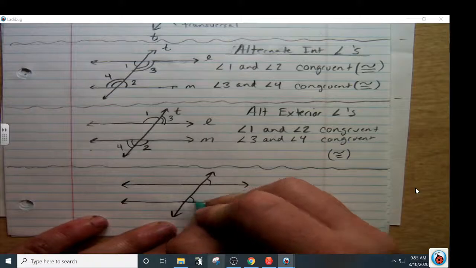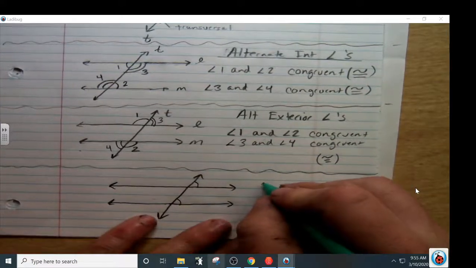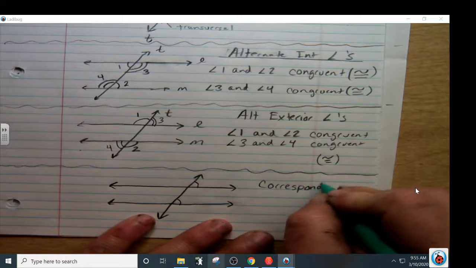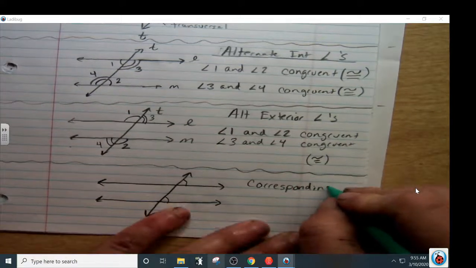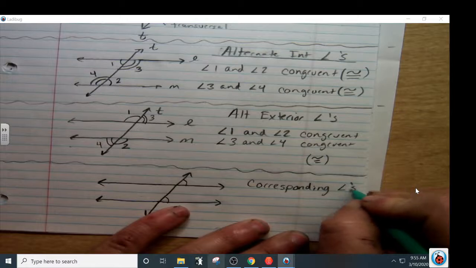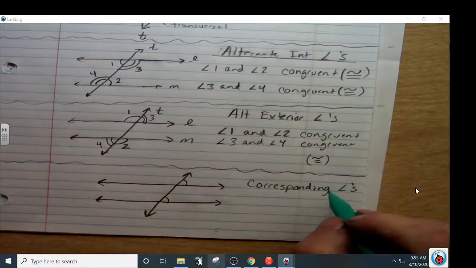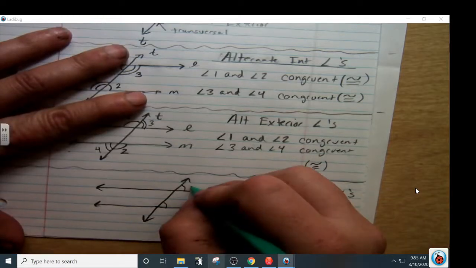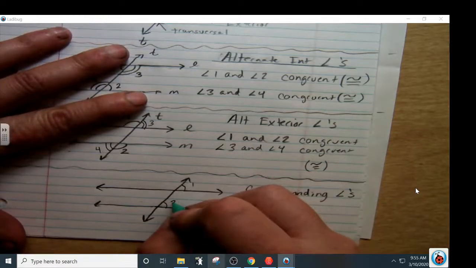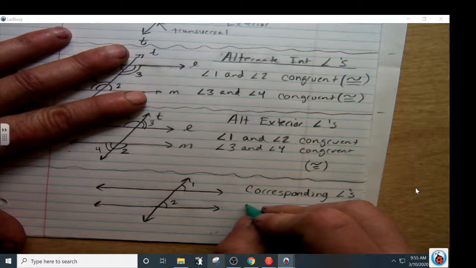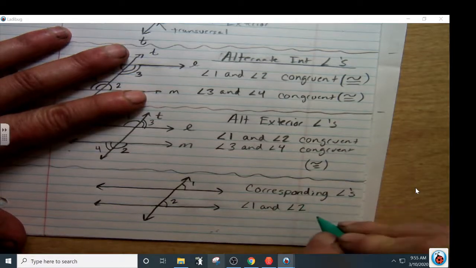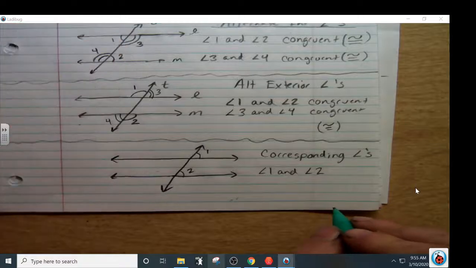The next thing we're going to talk about are corresponding angles. Angle 1 and angle 2 are corresponding angles.